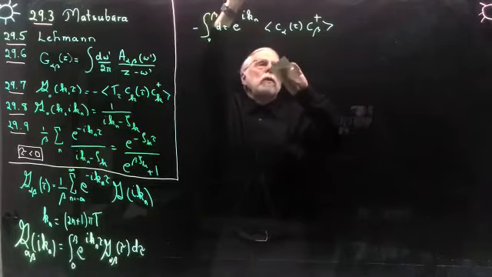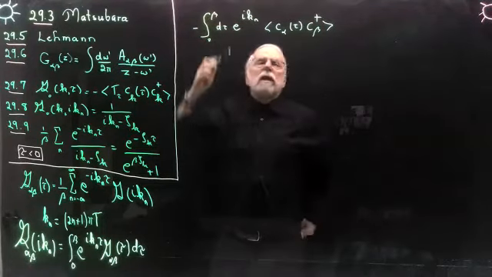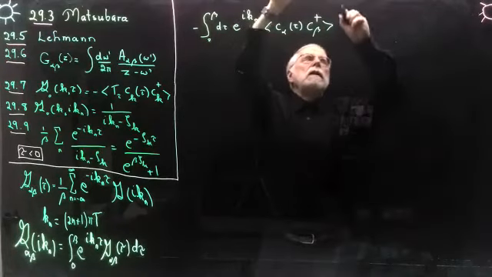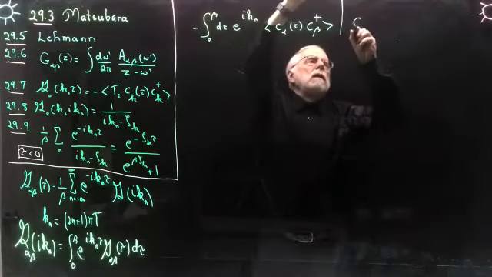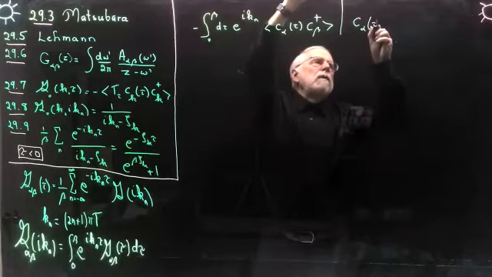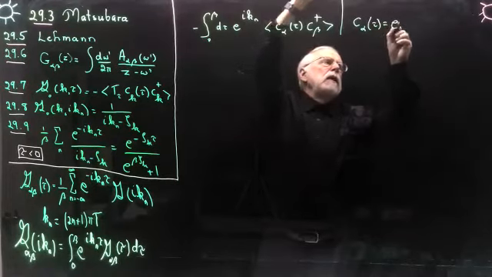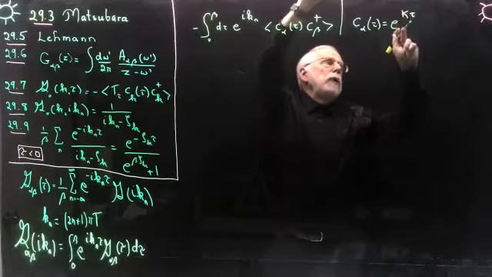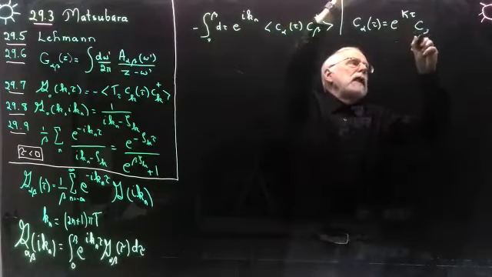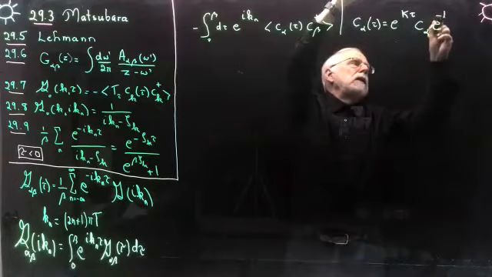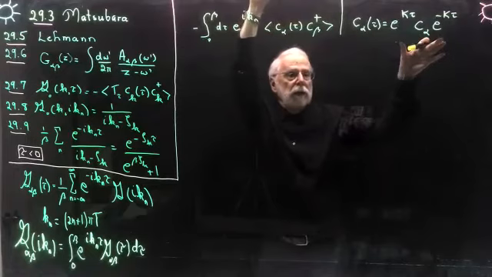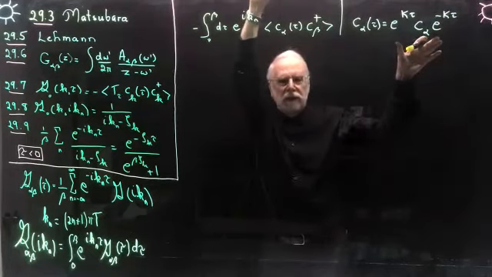Now we are going to write the expression for this. C alpha of tau, by definition, is e to the K tau, where K is H minus mu N, times C alpha times e to the minus K tau. Okay, that was the definition of the imaginary time evolution operator.